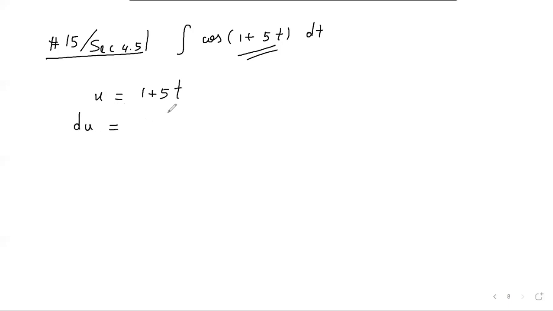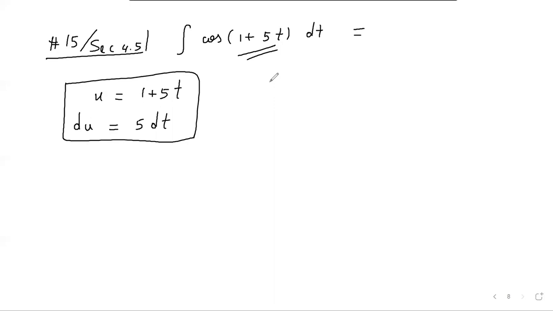So du is equal to 5 dt, and that's the thing that I do here. So this is equal to the antiderivative of cosine u, and over here instead of dt, folks, you see we don't have a 5.